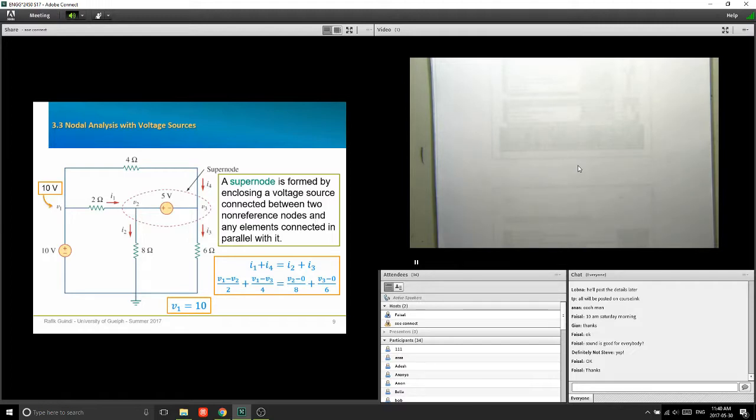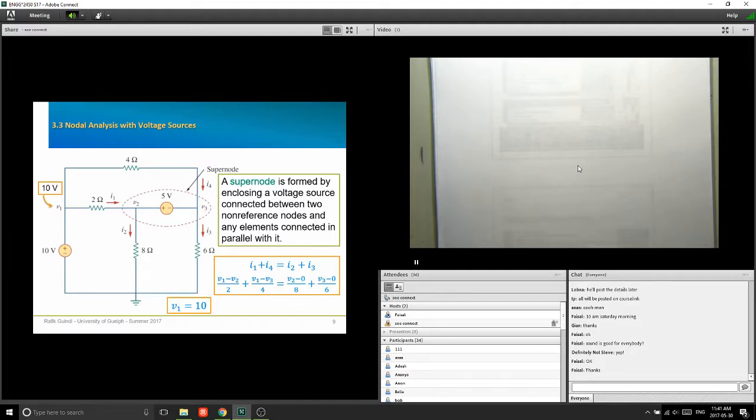V1 is not an unknown anymore. V1 is effectively 10 volts. Can you see that? Okay. So this voltage source, instead of being a problem, it actually became an answer. Because I chose my ground node, and then I put V1, V2, V3. I have a voltage source that maintains V1 at 10 volts. So there you go. V1 is already kind of given. Okay, so I have V1 equals 10 volts.